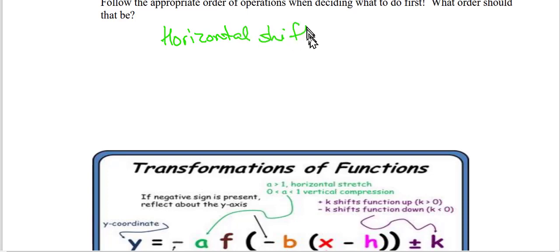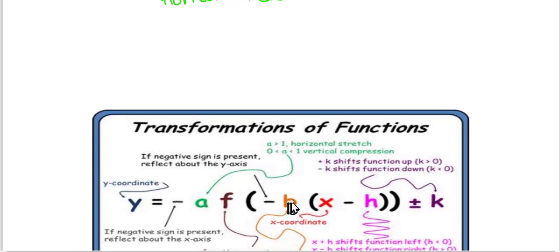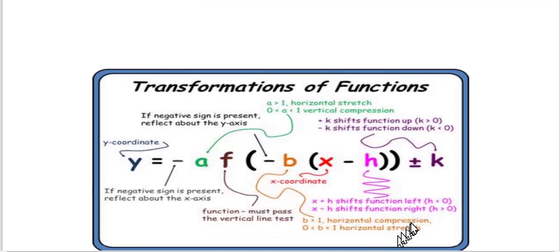I don't memorize this, I just think about what I would have to do. Then I've got this negative b multiplied by it. The b is that stretch or shrink. Compression is what this image is calling it. And the negative is that reflection.